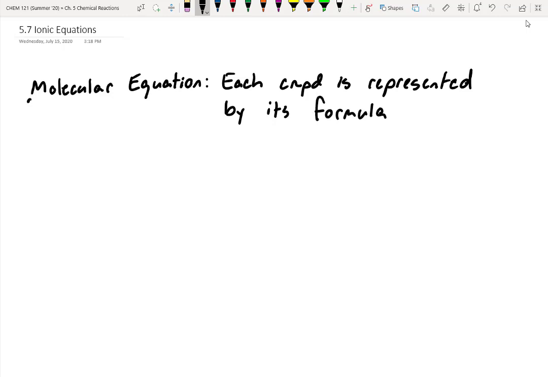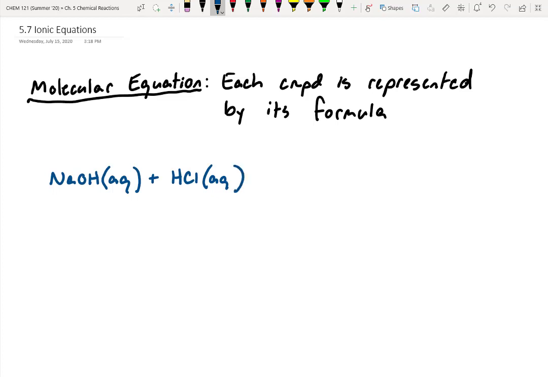So let's just take an example equation, and let's do one that we did in our previous video, where I said you could take sodium hydroxide, that's our drain cleaner, and it's aqueous, and we could mix this together with hydrochloric acid, which is aqueous.